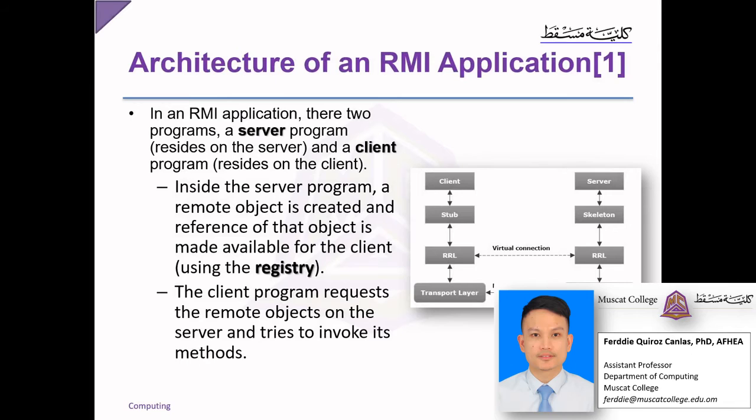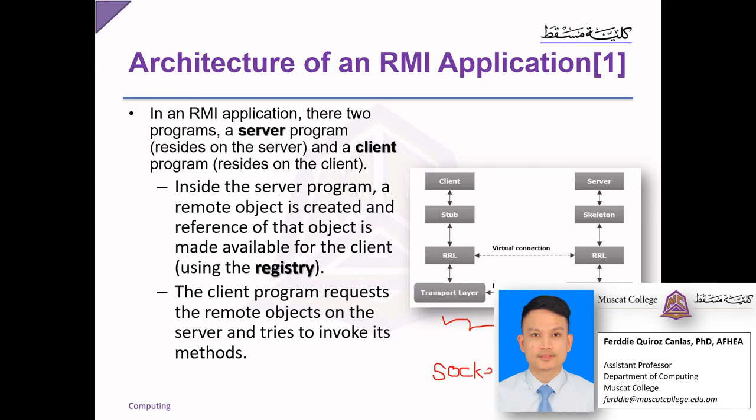Now, the RMI has an architecture, and I want you to see this architecture here. We have the client, the stub, the RRL, and then the transport layer below. Again, the transport layer is responsible for what? Don't forget this.